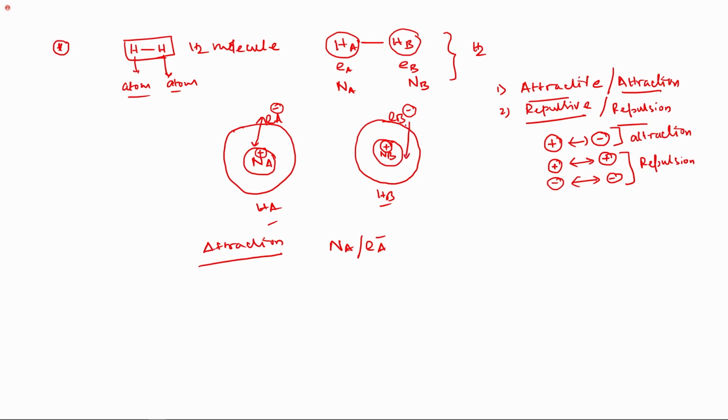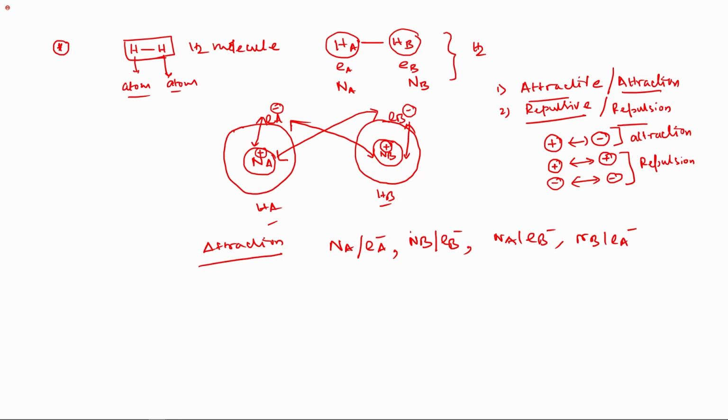Another attraction is also present between NB and its electron. Another attraction is this nucleus and these electrons, N of A and electrons B, and another attraction is present between NB and electrons A. So these four types of attractive force are present between these two hydrogen atoms.